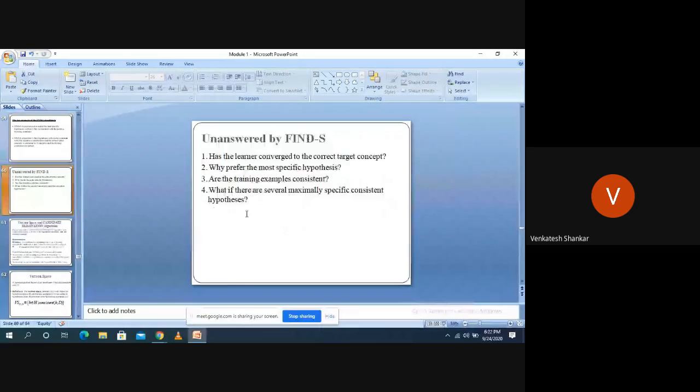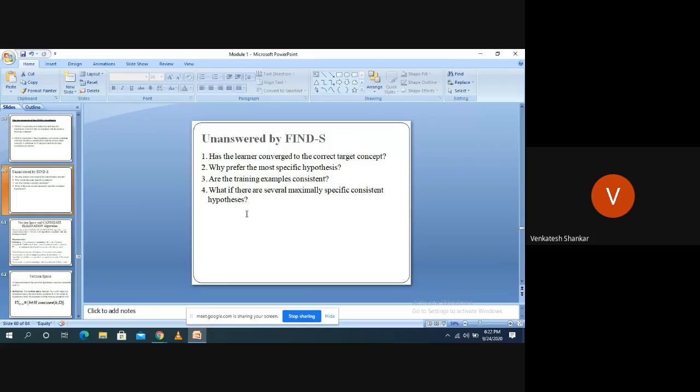What are the drawbacks of the FindS algorithm? The main drawback is that the FindS algorithm evaluates only the positive examples. That is one of the big disadvantages of the FindS algorithm. Normally the question will come: what is the meaning of the FindS algorithm? FindS is a concept learning algorithm. In the FindS algorithm, we check the most specific hypothesis, from general to specific, or specific to general.